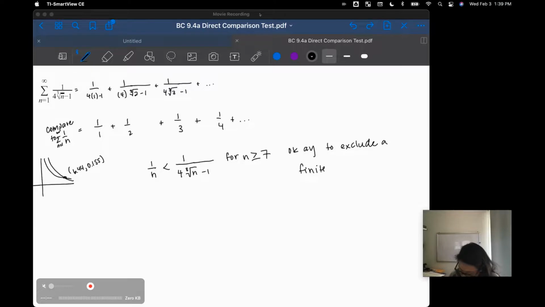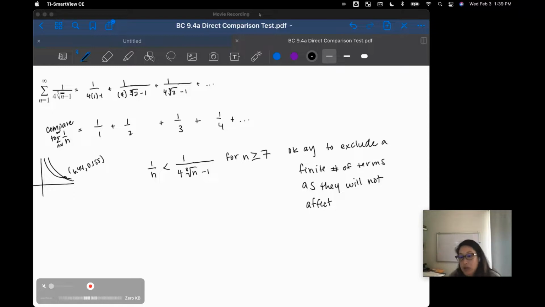because those finite number of terms don't affect whether the series converges or not. So what we're really concerned about is what happens in the tail.